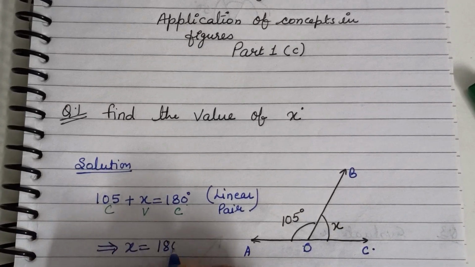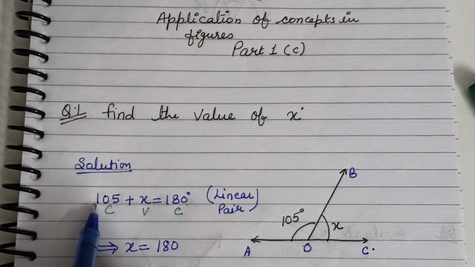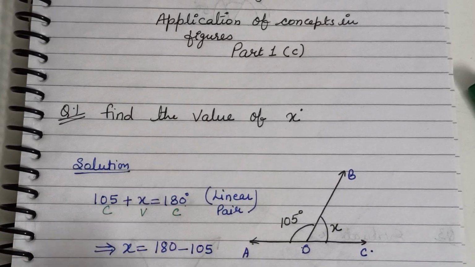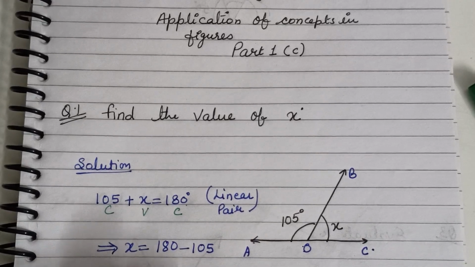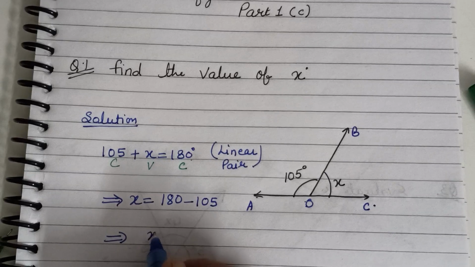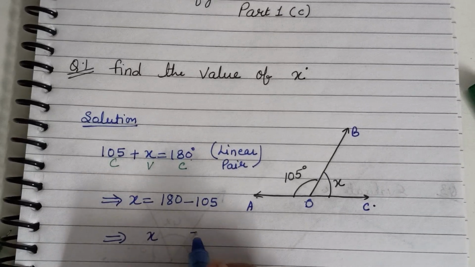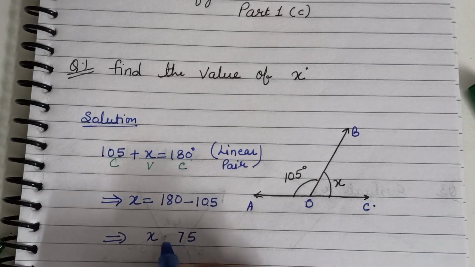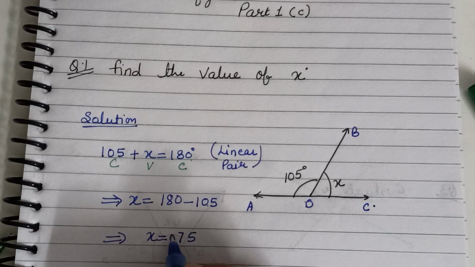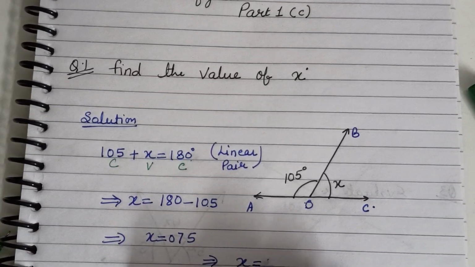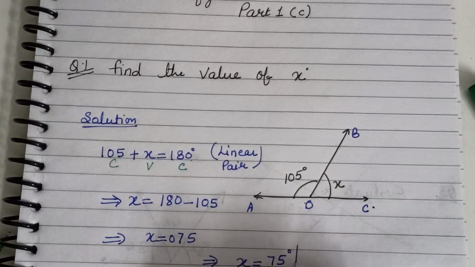So 180. Before 105 there is a plus sign, so it will become minus on the right side. Now subtract both of them. x equals 180 minus 105, which is 75. So finally you are going to get x equals 75 degrees.